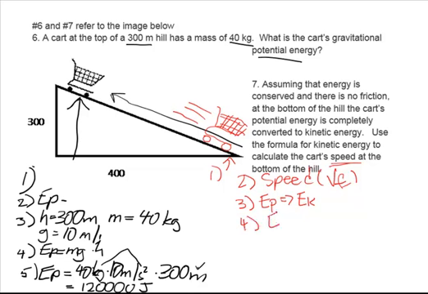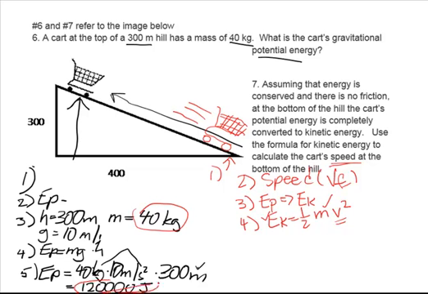I know my kinetic energy is 1/2 mass times velocity squared. We're looking for velocity or speed. We've got mass, and we've got kinetic energy from our previous problem.